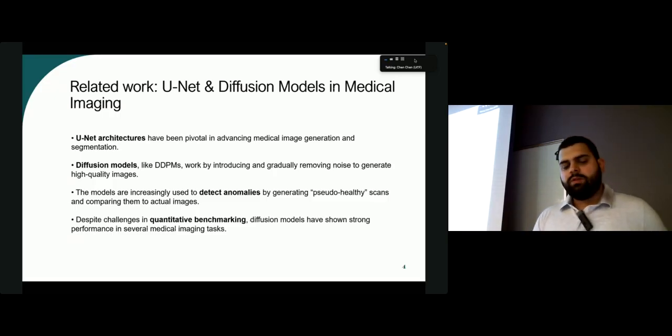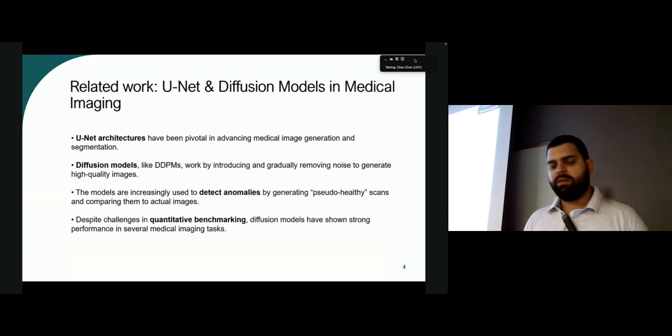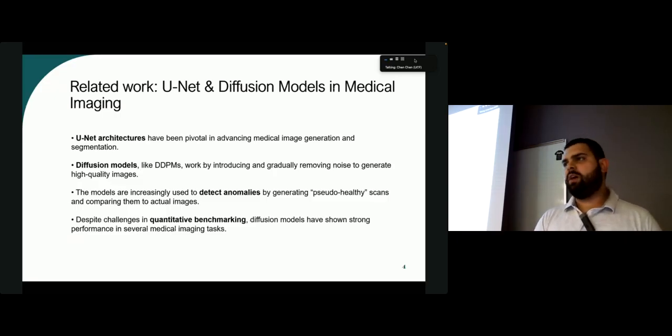So these diffusion models are often used to create images with anomalies and then compare them to actual real images to see if they are good enough or not. And so far, they have proven that they have a strong performance in terms of medical imaging tasks.